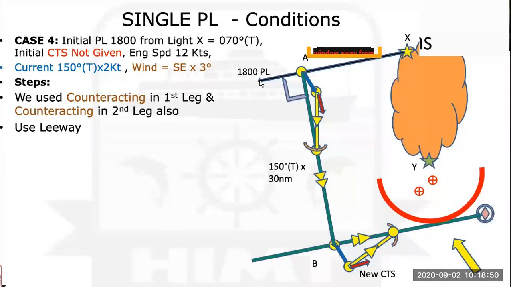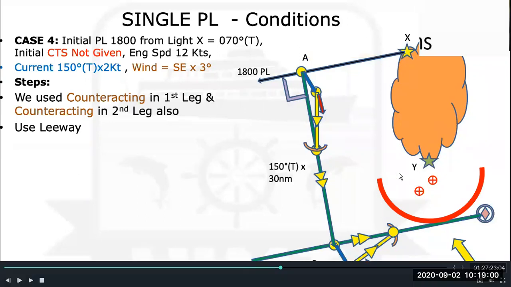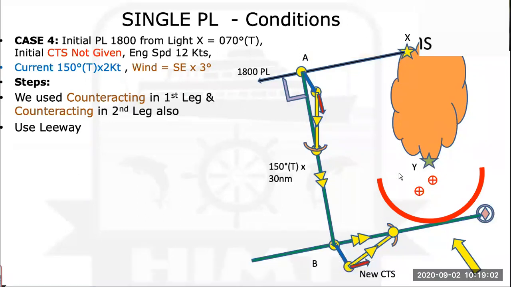The question is again a single PL. So we have been given a 180 PL, which is, you can say, 070. And the same 3 nautical miles we have to pass off Lighthouse Y. We have been given a pilot point.